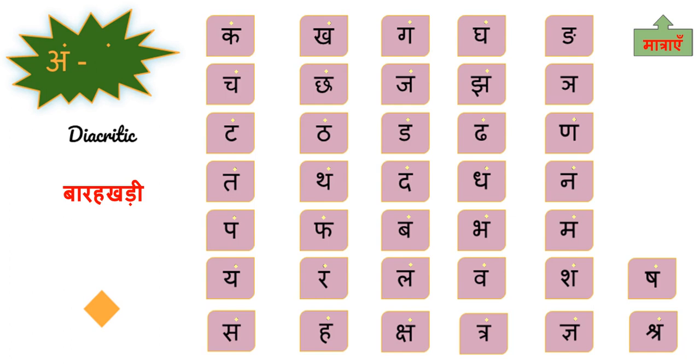So when this diacritic is placed on these consonants, they will be pronounced as kung, khung, gung, ghung, and so on.